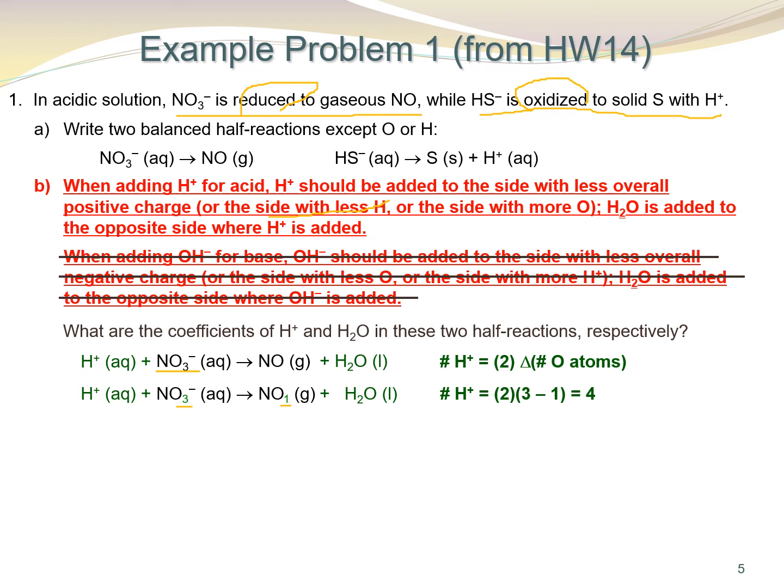We need 4 protons in order to make 2 molecules of water. And of course, you can double check that the number of oxygen atoms is balanced: 3 oxygen on the left, 1 plus 2 times 1, which is 3. So I hope you can use this to figure out the number of hydrogen or protons, so we can balance the rest of the species in this half reaction.